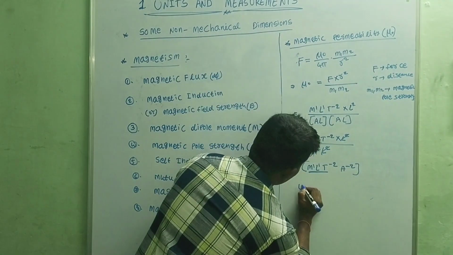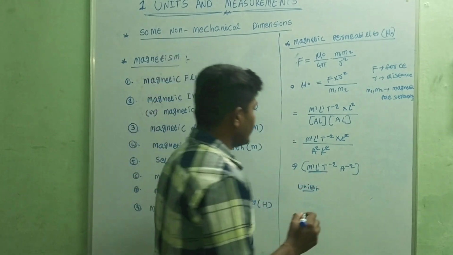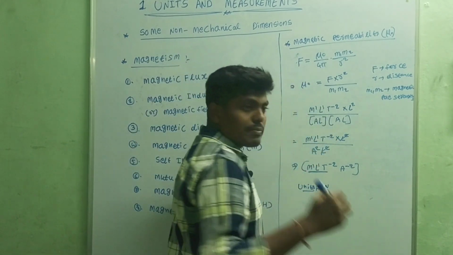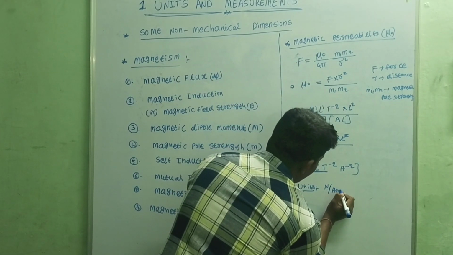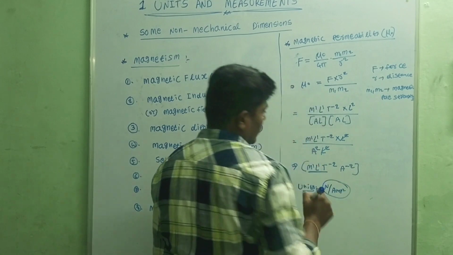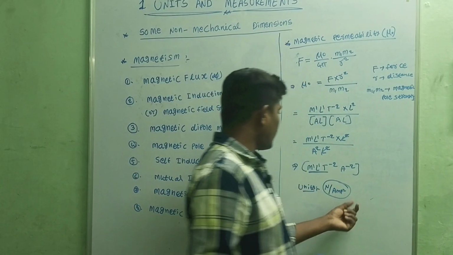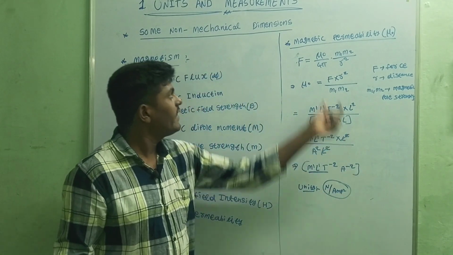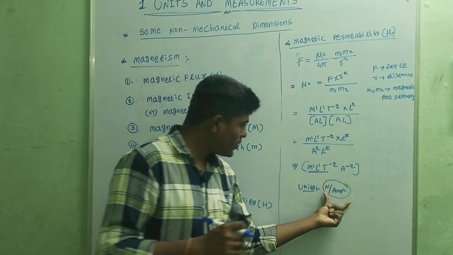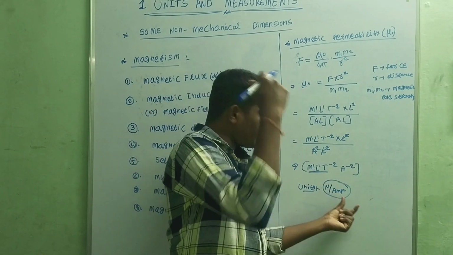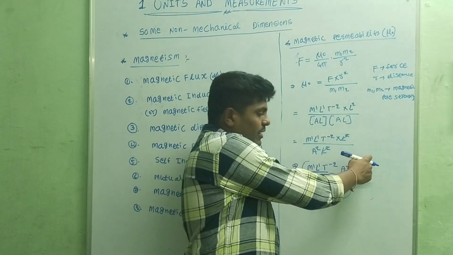Now its fundamental unit is Newton per ampere square. Force is measured in Newton. If you know this unit of magnetic permeability, you can directly write its dimensional formula.